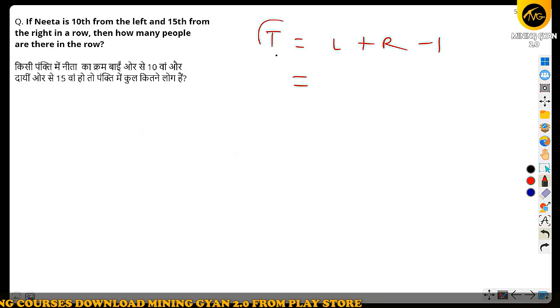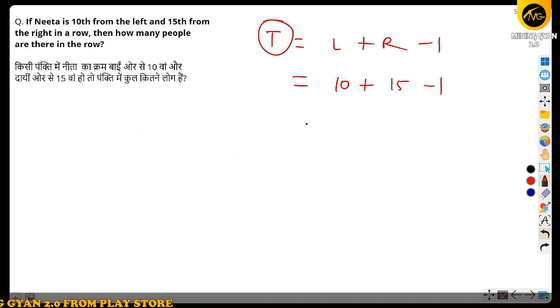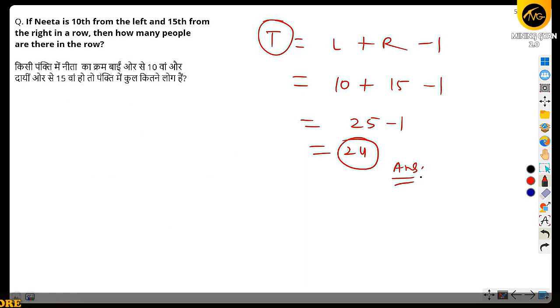So we have to calculate the total number of people. Now in this case, Nita's position from the left hand side is 10th, and from the right hand side it's 15th, minus 1. Just 25 minus 1, it will be 24. So total number of people will be 24, and this is the answer for this question.